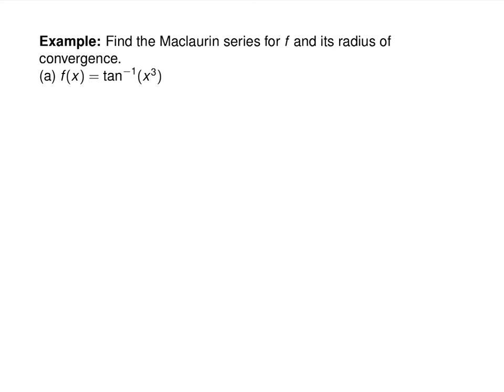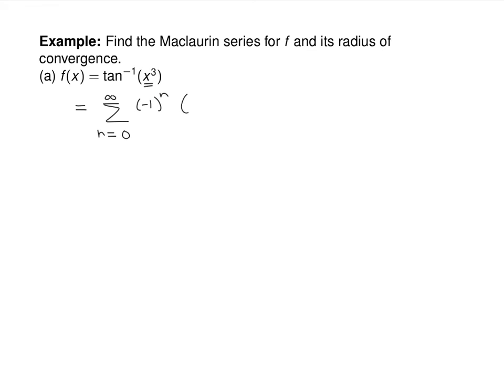You can also find Maclaurin series using the series that you know and inputting various values. So to find the Maclaurin series for inverse tan of x cubed, we take the Maclaurin series for inverse tan, sum from 0 to infinity, negative 1 to the n.